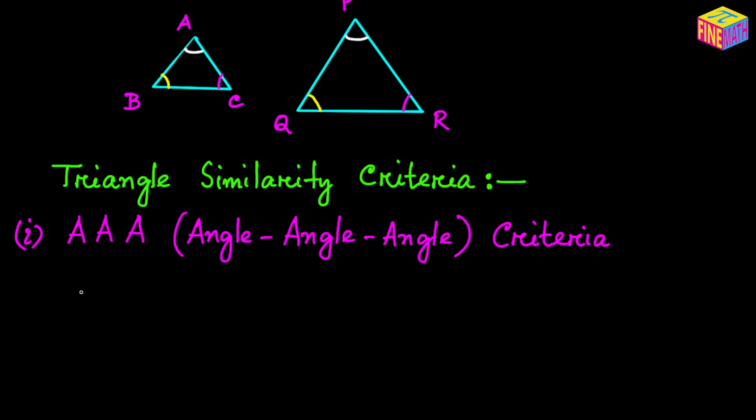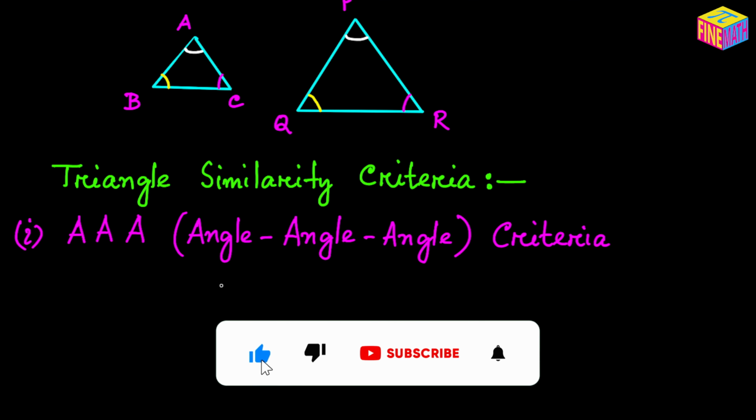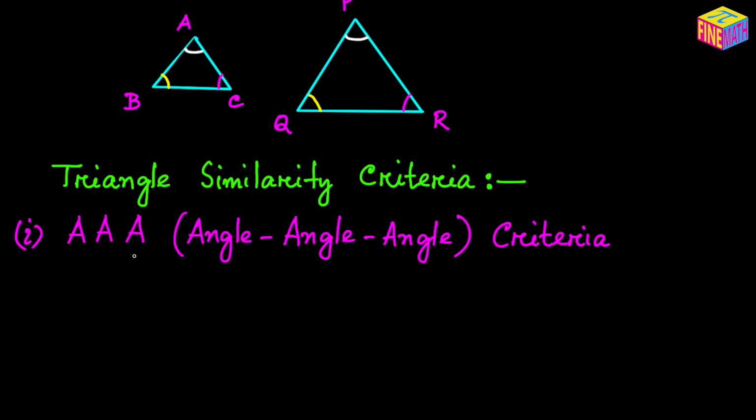As we have already discussed, if two triangles have equal corresponding angles, then they are called similar triangles. So if we have to figure out whether two triangles are similar, we can apply the angle criterion: the first angle of the first triangle is equal to the first angle of the second triangle, the second angle of the first is equal to the second angle of the second, and the third angle of the first is equal to the third angle of the second. If that is the case, then we can clearly say that the two triangles are similar.